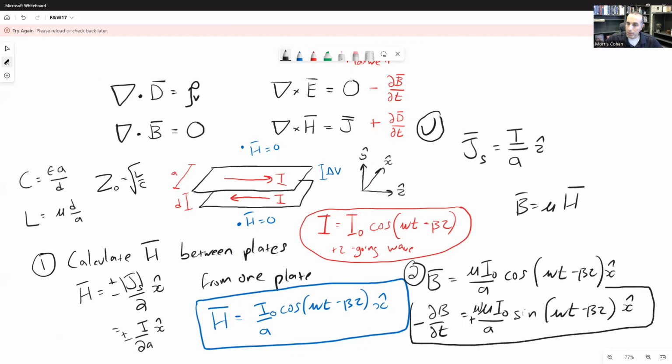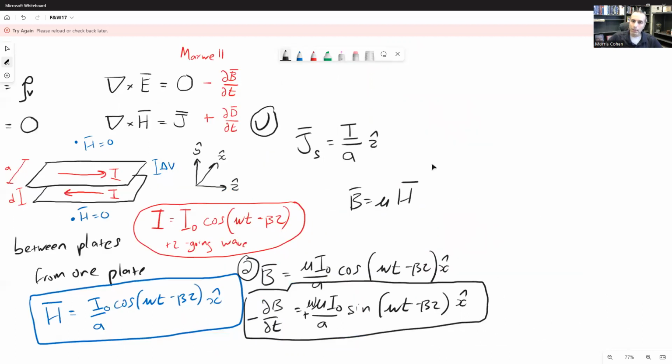And the next thing we're going to do is try to work with that and try to work our way toward the electric field. Right now, from this top right equation, we can see that if we have the negative time derivative of the magnetic flux density, we know that equals the curl of E. So let's write that down. That's going to be step 3. Relate to E via curl of E equals negative dB/dt.